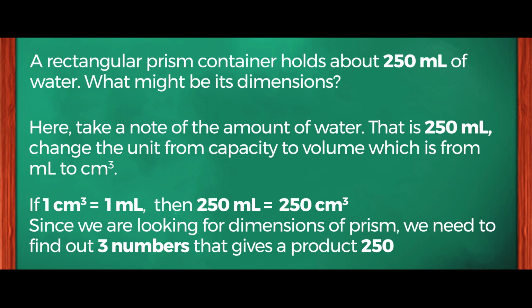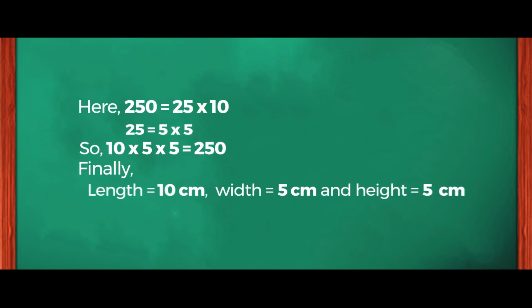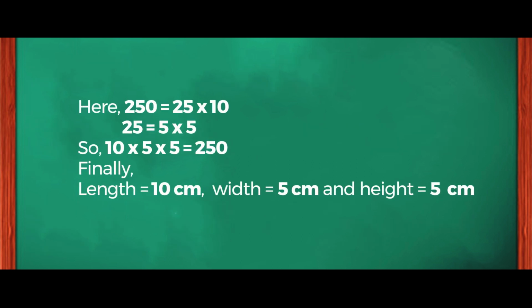Since we are looking for the dimensions of a prism, we need to find three numbers that give a product of 250. Here, 250 is the same as writing 25 times 10.